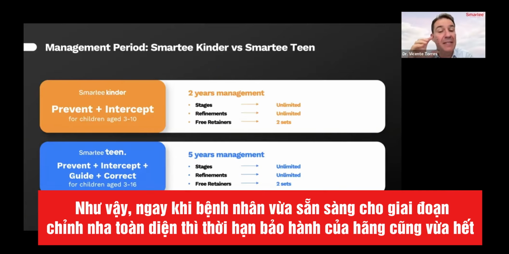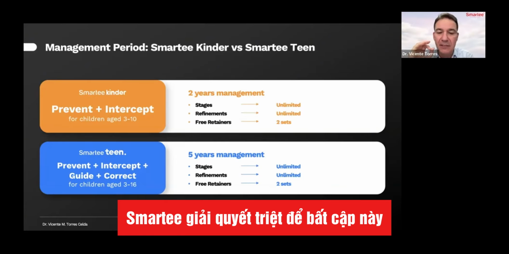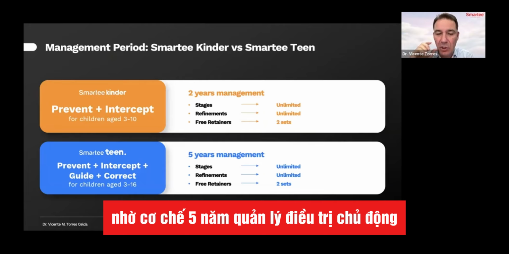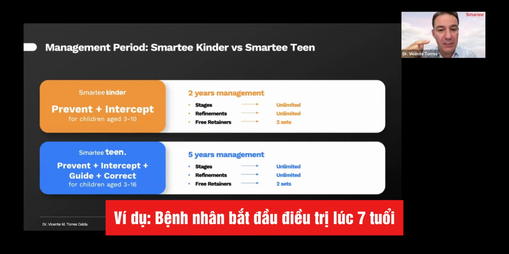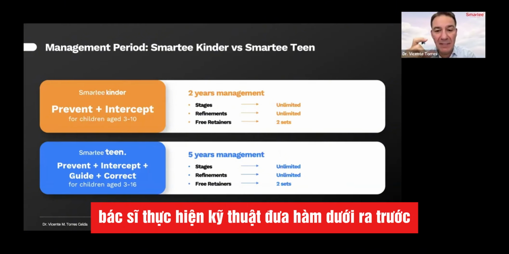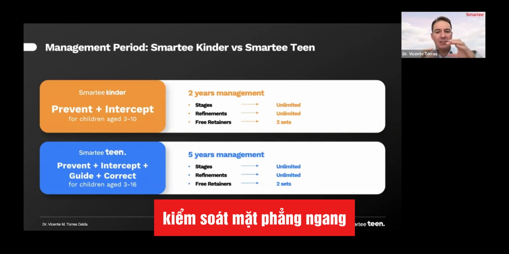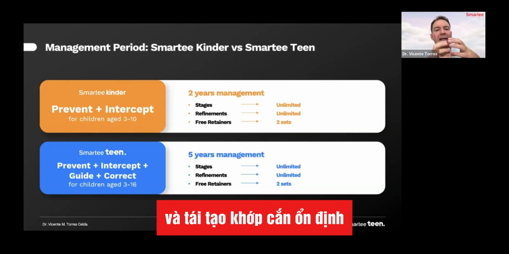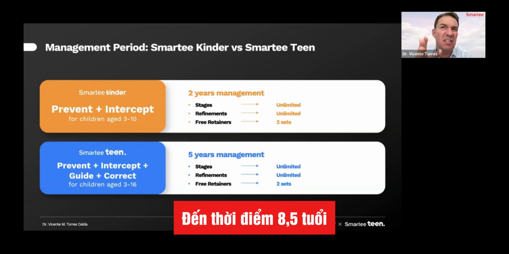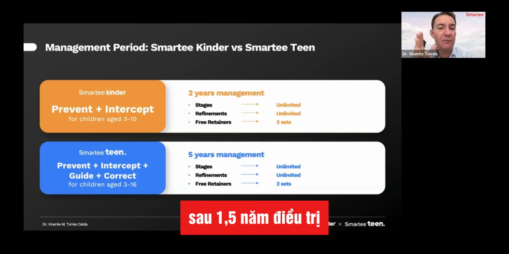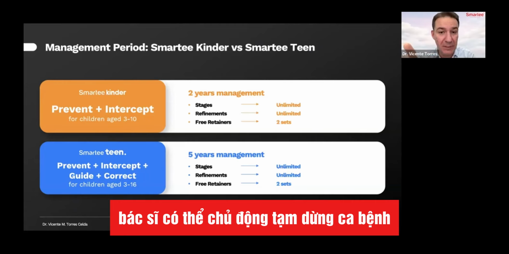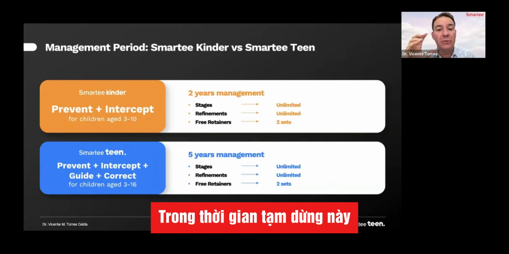But in Smartee, it's not like this. In Smartee, it's 5 years of management. So, for example, I start at 7 years. I make this mandibular advancement, I correct this sagittal problem, I correct the transversal, so really good occlusion. And at 8.5 years, after 1.5 years of treatment, I can pause the treatment and wait for the patient to change all the teeth.